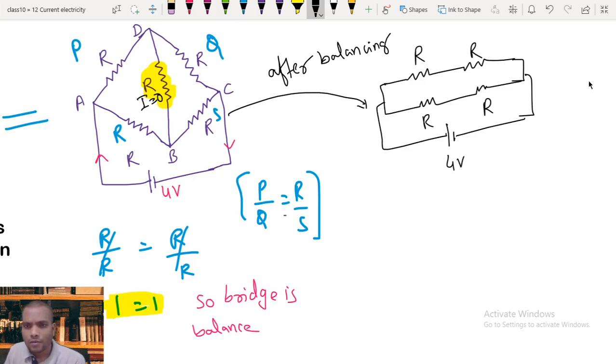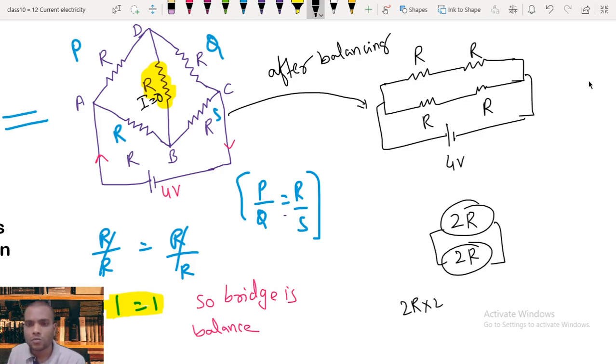Now on the top we get 2R resistance, and on the bottom also 2R. These two are in parallel, so the equivalent resistance is 2R times 2R upon 2R plus 2R, which is equal to R itself. So the equivalent resistance of the given circuit is R.